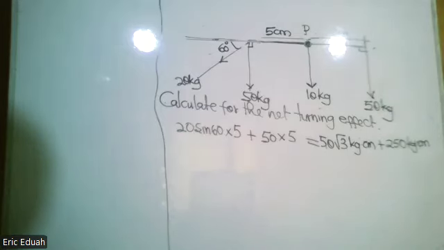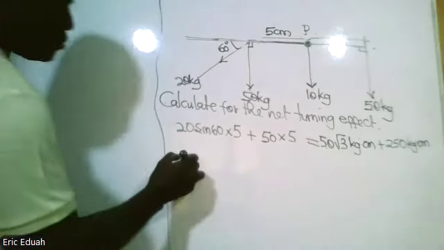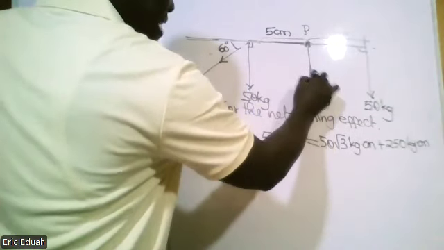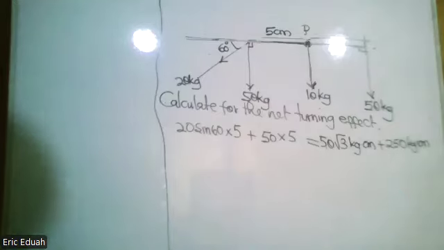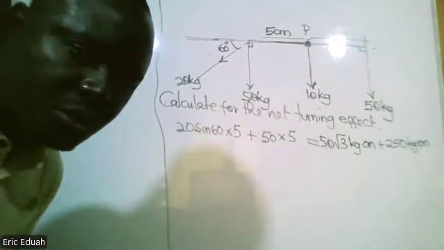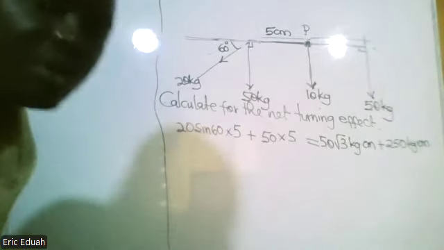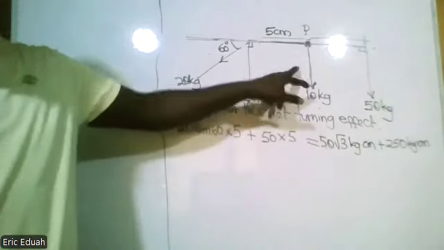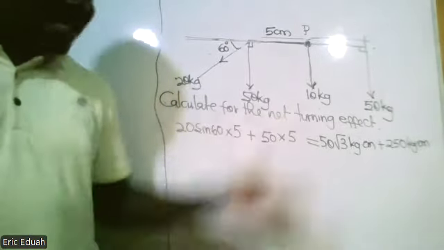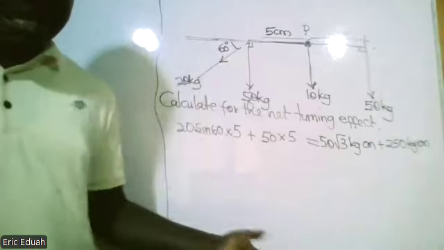Let's look at the right-hand side. When there is a force or mass acting just at the pivot, the turning effect produced is 0. Why 0? Because we are defining moment as force or mass times perpendicular distance.